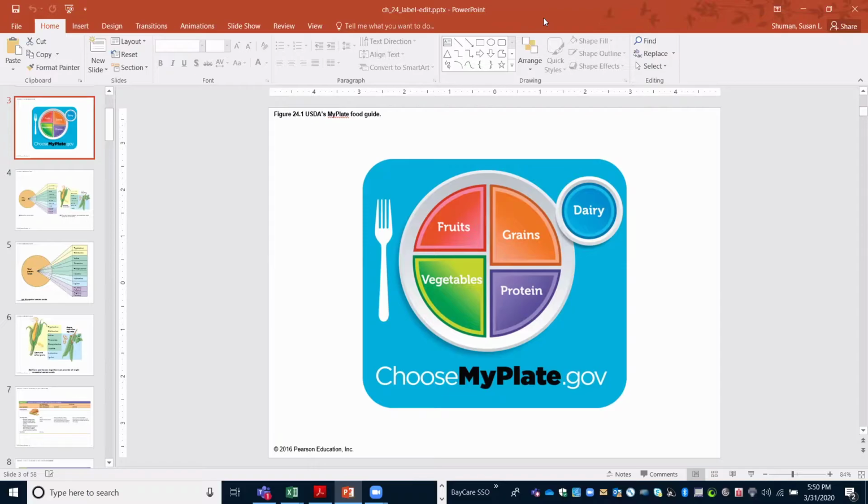Proteins. Our proteins come in two different types: complete proteins and incomplete proteins. A complete protein is something that has all of the essential amino acids. The easiest way to get complete proteins is to eat animal products. That includes dairy.